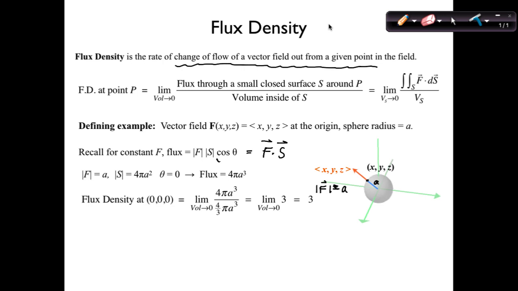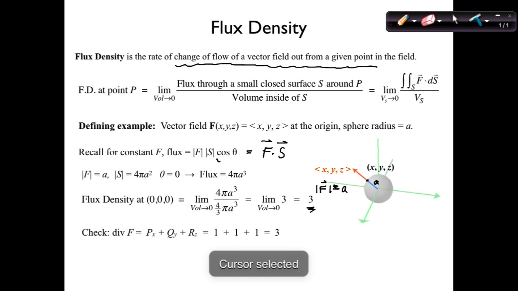We got 3. What's the divergence of f? 3, right? Because you take the partials with respect to each. The divergence of f is Px plus Qy plus Rz, which is 3.